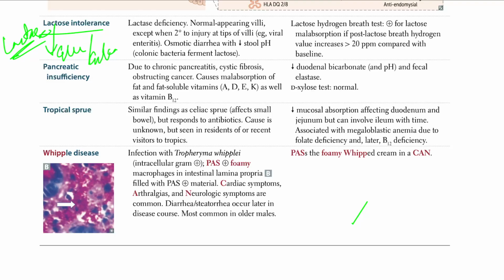So if you have this lactase deficiency, you cannot form glucose and galactose, and that lactose remains in your lumen. You will have normal appearing villi because there was no inflammation, except when secondary to injury at the tips of villi.